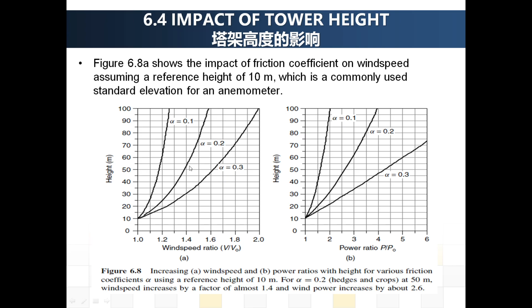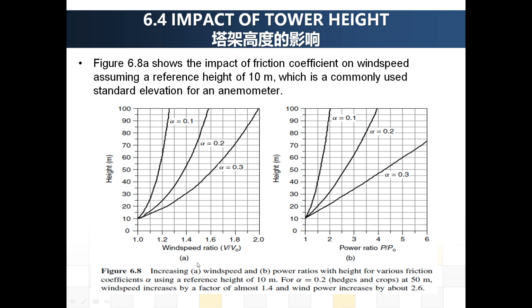As the friction coefficient increases, the wind speed ratio increases as well, which means that even at the same height, the more the roughness increases, the more the wind speed increases.